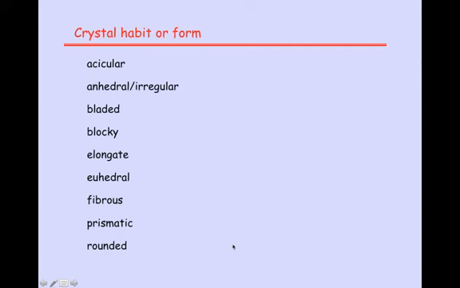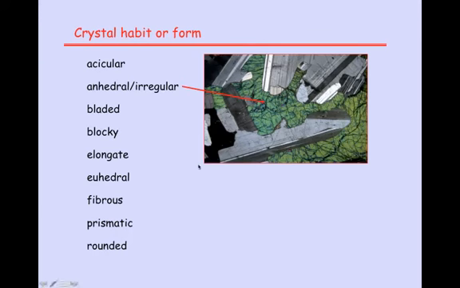Here are some terms that could be used to describe crystal habit or form. And you have a set of these terms listed in your textbook as well. You might use acicular, anhedral, irregular, bladed, blocky, elongate, euhedral, fibrous, prismatic, rounded. And let's look at some examples.